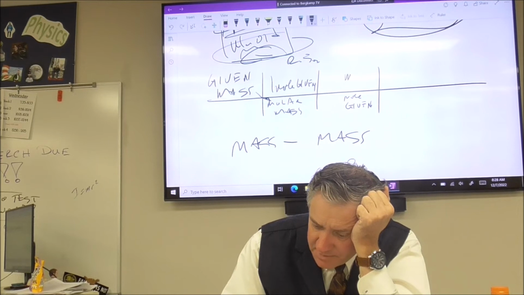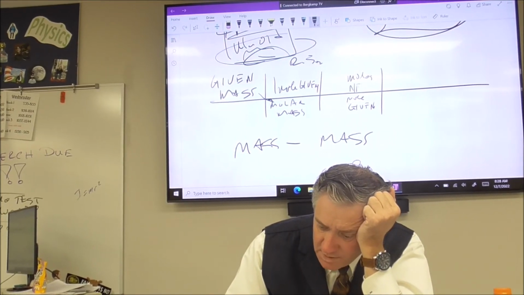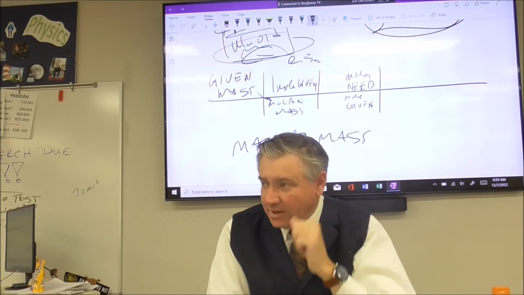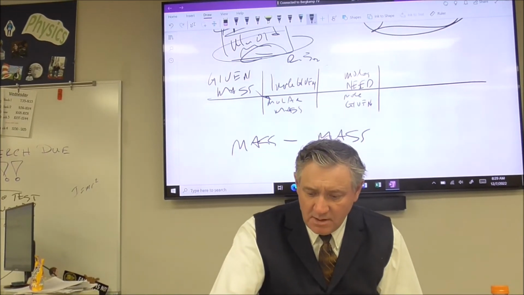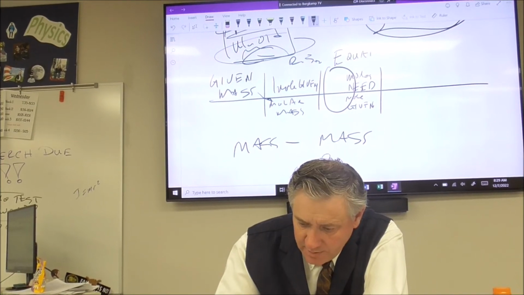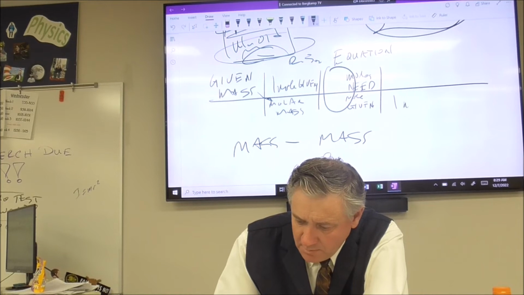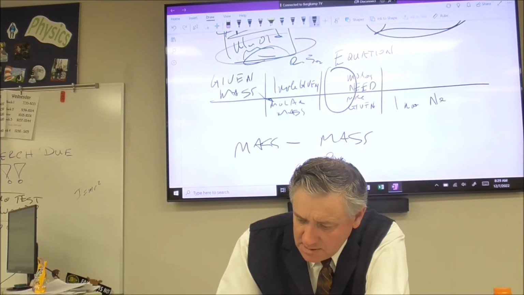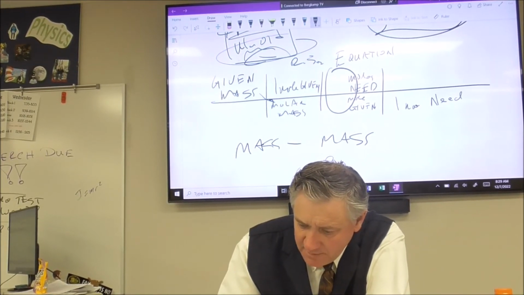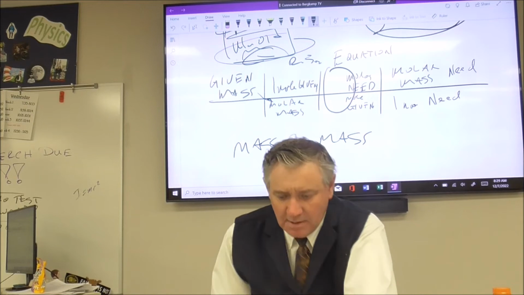And then up here you're going to put moles of what you need. What do you need to end up in? This ratio is going to come from your equation. Then you're going to put 1 mole of what you need down here, and the molar mass of what you need up here.